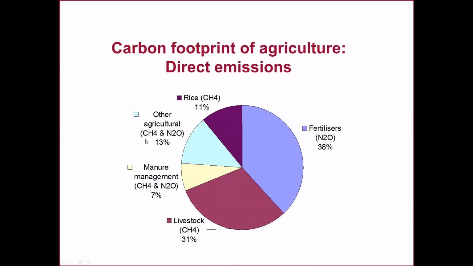Besides, other agricultural activities can release those same gases. Rice is also a particular crop, because the way rice is cultivated in most countries, it also emits a lot of methane during cultivation. So it is one of the major direct contributors to greenhouse gas emissions.